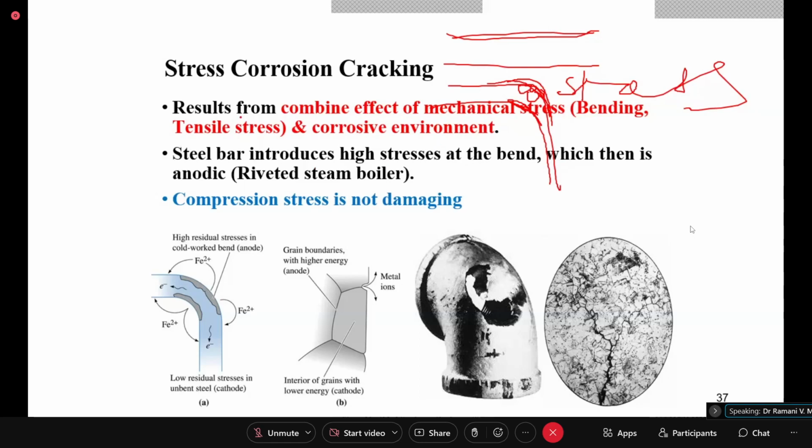Okay, so stress corrosion results from the combined effect of mechanical stress, bending tensile stress and corrosive environment. Steel bar introduces high stress at the bend, which then is anodic. Compression stress is not damaging, and you see that if this is the stressed point, here you can see the corrosion has taken place, because the grain boundaries move apart.